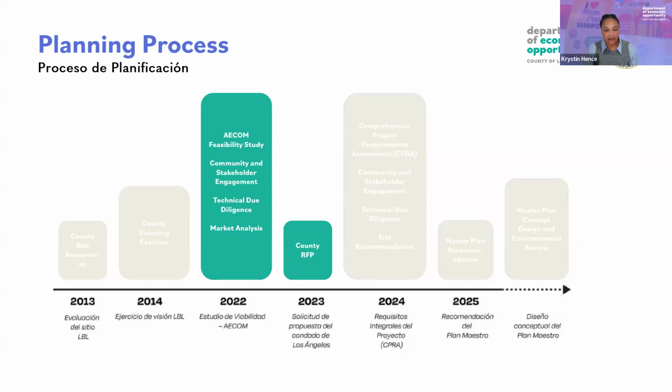That feasibility study included a community and stakeholder engagement process, which this process is building upon, technical due diligence, analyzing the current structural capacity of the hospital, market analysis, looking at the financial landscape of redeveloping the campus, and then resulted in a county RFP for the master plan that we are in today.